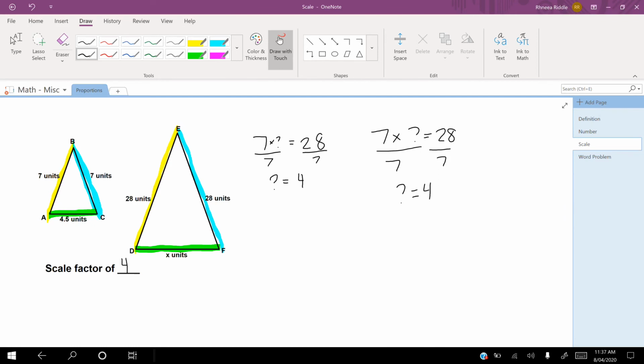So we are going to take 4.5 and multiply that by 4, our scale factor, to find x. When we multiply 4.5 times 4, we get 18. So 18 is our DF side length. That's what x is going to be equal to.